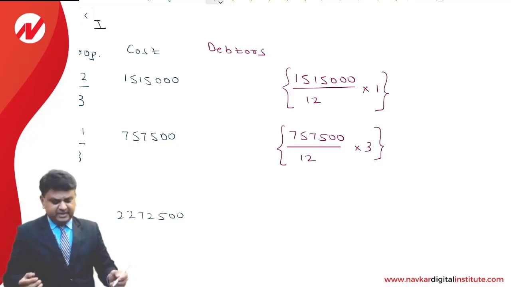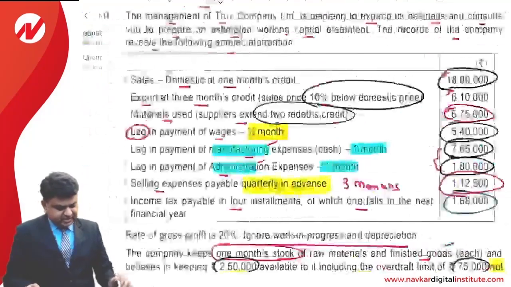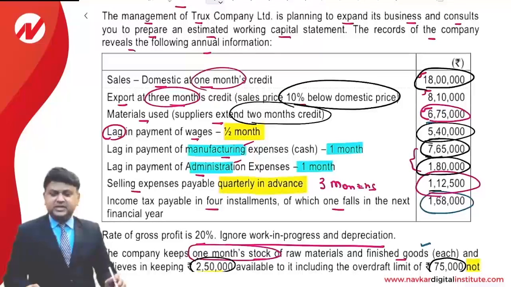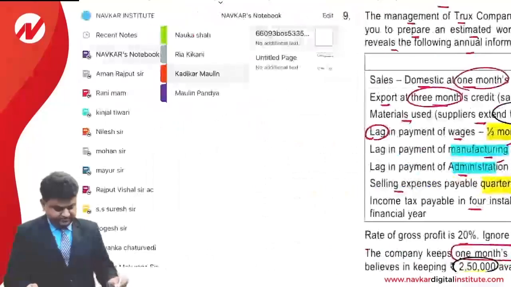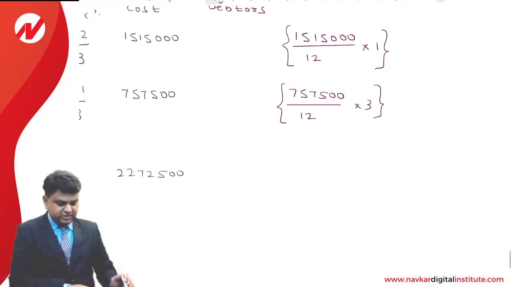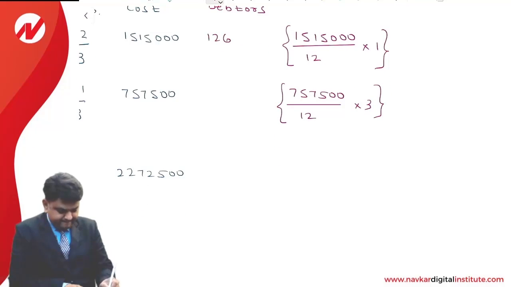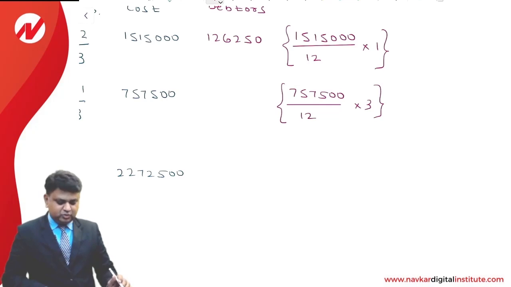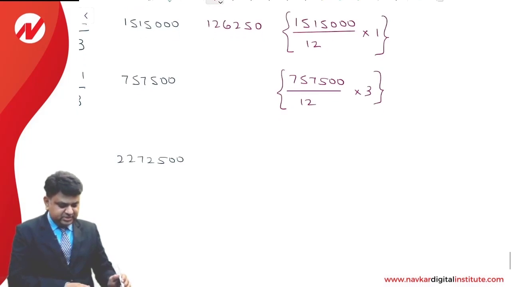That is the way the cost can be calculated, because you can see that the credit period is given to us. Export at 3 months credit and the domestic is at only 1 month credit. So use your calculator along with me. 15,15,000 into 1 divided by 12. That comes to 1,26,250. And 7,57,500 into 3 divided by 12. That comes to 1,89,375.